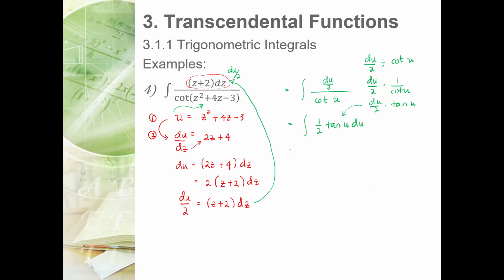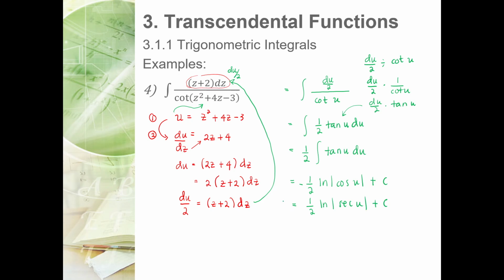So you may take the 1/2 outside the integral symbol. As per basic property, you may take out the constant number. So this becomes tangent u du. So this becomes negative 1/2 ln of cosine u plus c. So again, you may also express the other answer, which is 1/2 ln of secant u plus c.